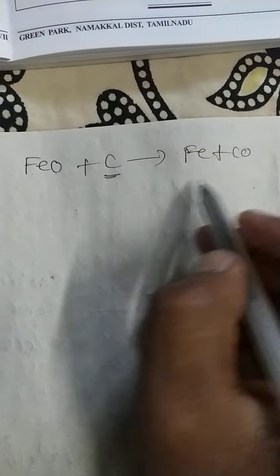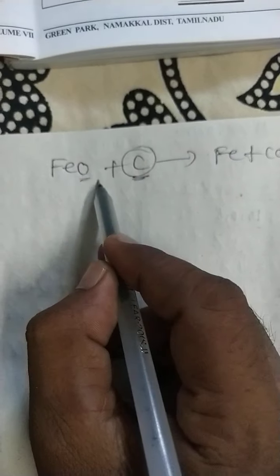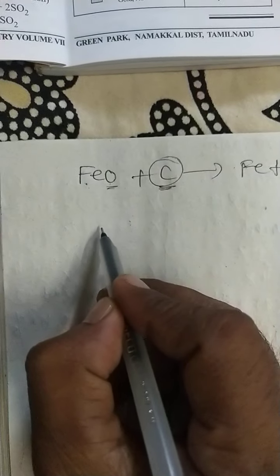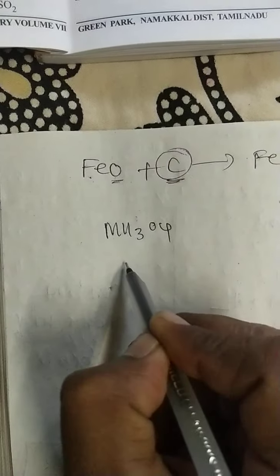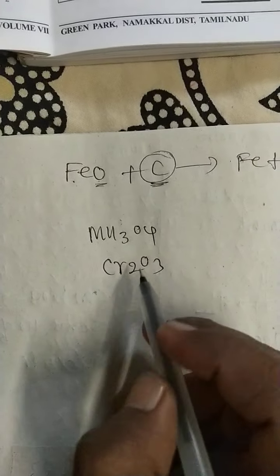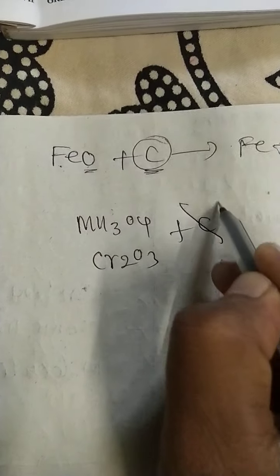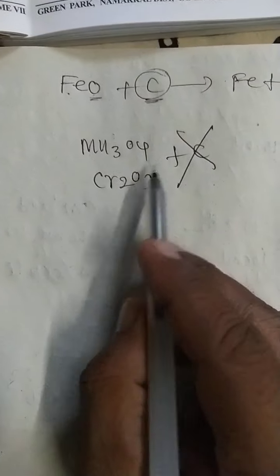So coke can easily remove the oxygen from iron, but some examples are manganese tetroxide and chromium trioxide. In this kind of compound, oxygen is not easily removed using carbon, so carbon does not easily remove it from manganese or chromium.